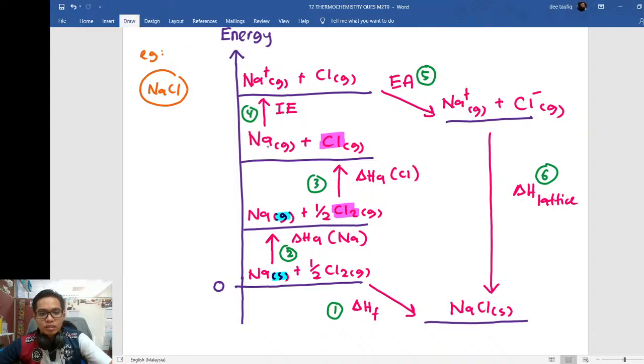Seterusnya, dari yang normal tak ada charge apa-apa, dia jadi Na plus. Okay. And then chlorine neutral, dia become chlorine minus. Last kali baru ditukar jadi lattice tu macam tu lah, tak ada apa-apa.